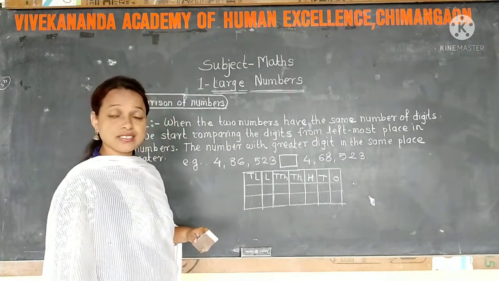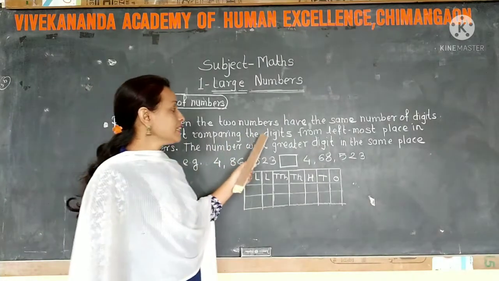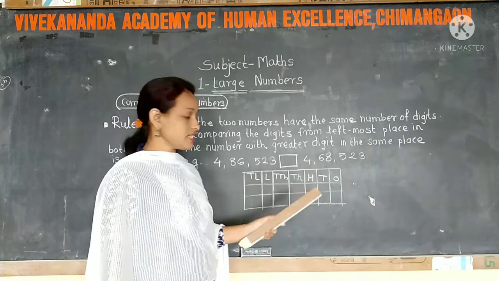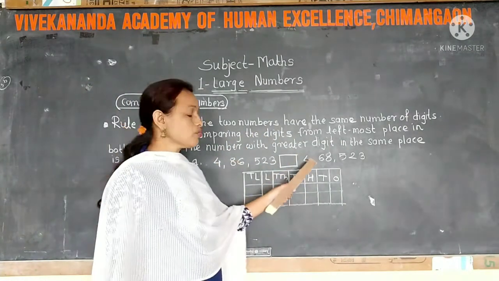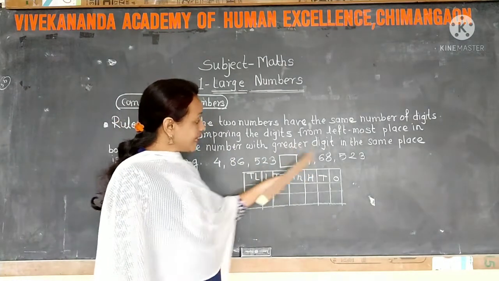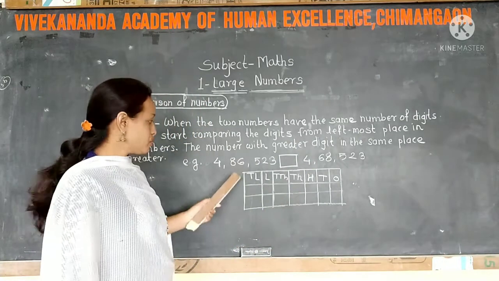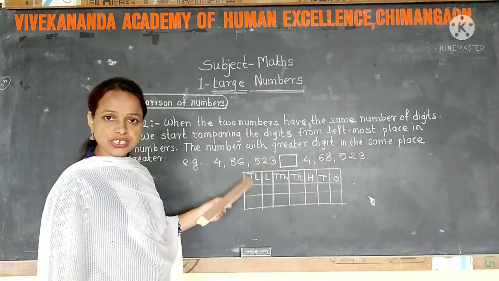So in that case, what is the second rule? We start comparing the digits from the leftmost place of both numbers. So we will arrange the given digits in the Indian place value chart.